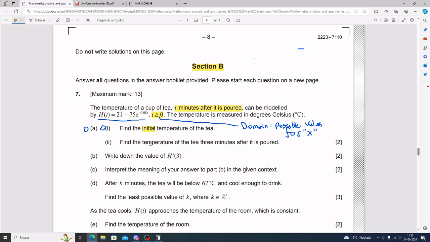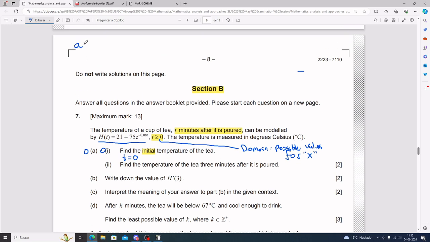So the initial temperature of the tea has to be, think about it this way, as early as possible. How early can you go? Well, how low can you go with your domain? T has to be greater than or equal to 0, and so the initial temperature of the tea is going to be at T equals 0.